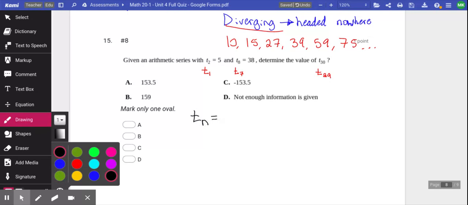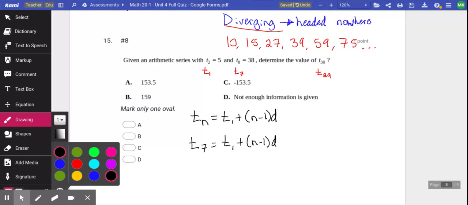So my formula is t of n equals t of 1 plus n minus 1 d. When we plug things in, this is going to be t of 7 equals t of 1 plus n minus 1 d. So let's start plugging things in.